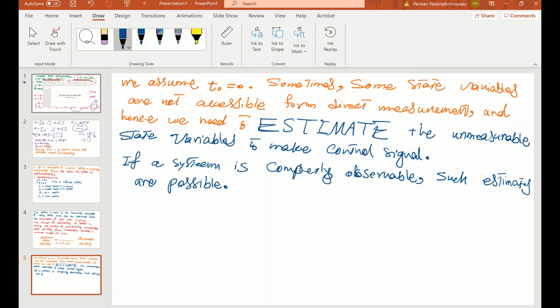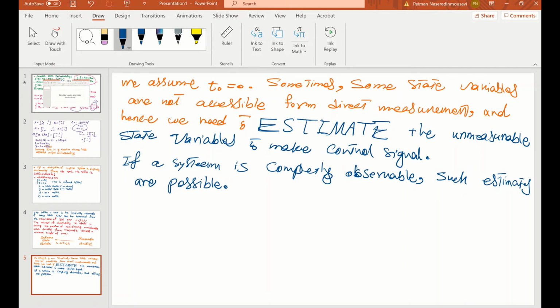So again, in controllability, we are checking that, for example, x1 and x2 can be controlled by a control input, but in observability, we are going to estimate x1 and x2 if they are not accessible to measure. Okay, understand?